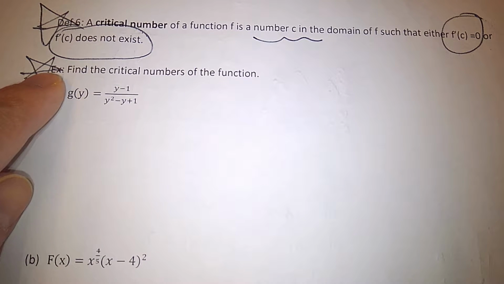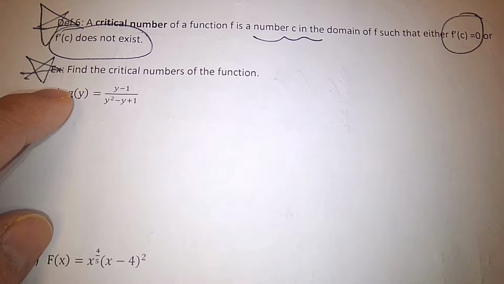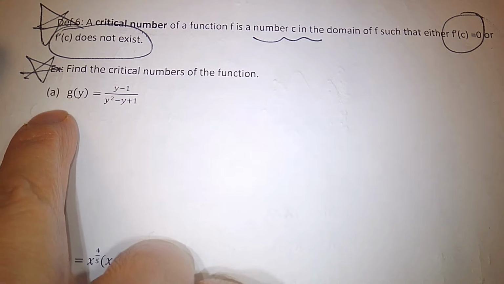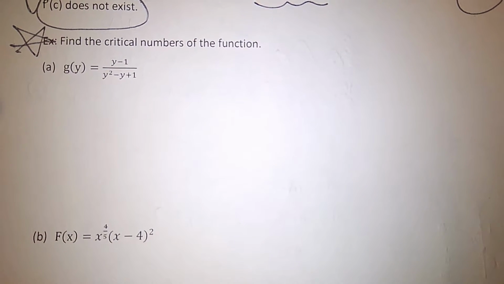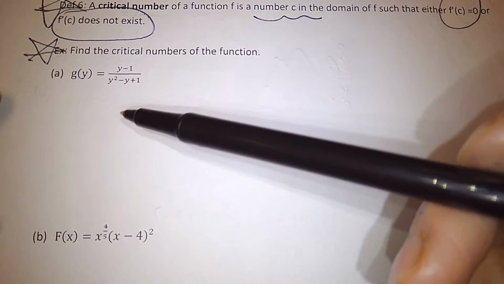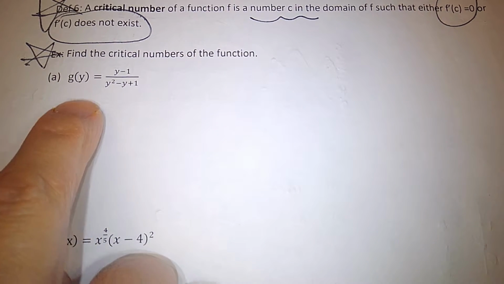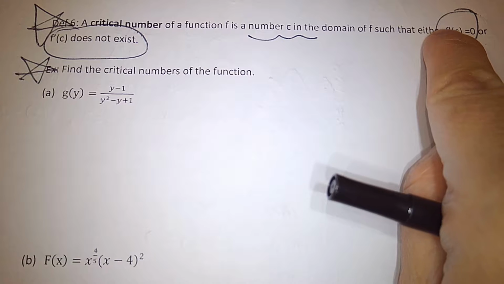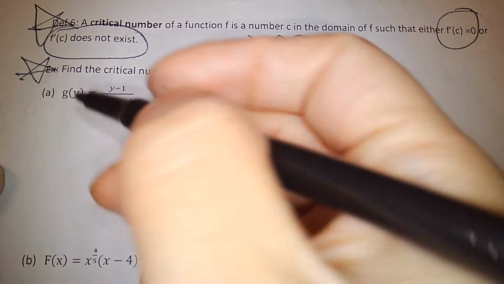I will definitely test you in exam 3 on how to find critical numbers of a function. So questions A and B. I will need you to do both, because these questions are challenging. Find the critical number of this function. How? Find the derivative of the function.